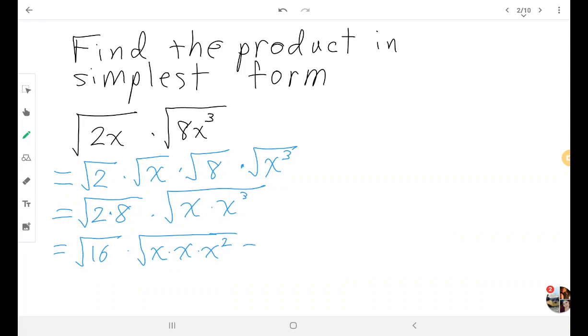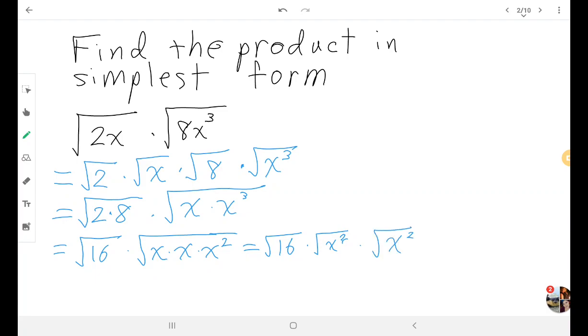And then I'm going to pull things apart again. So I've got this square root of 16, which we'll talk about in a second, times, and I'm going to take these two and put them together and call them the square root of x squared, and then I'm going to take this one and pull it apart into its own separate square root, and have another square root of x squared.